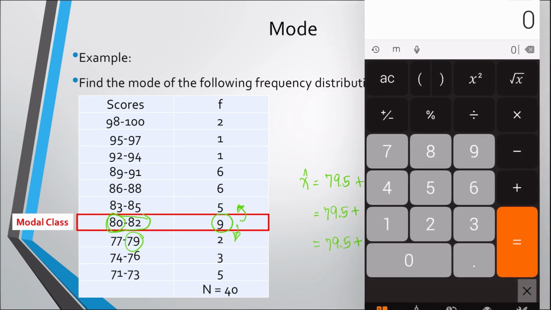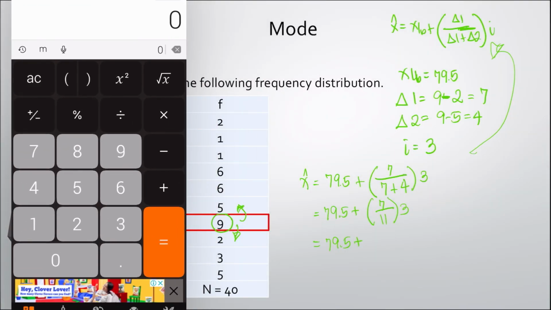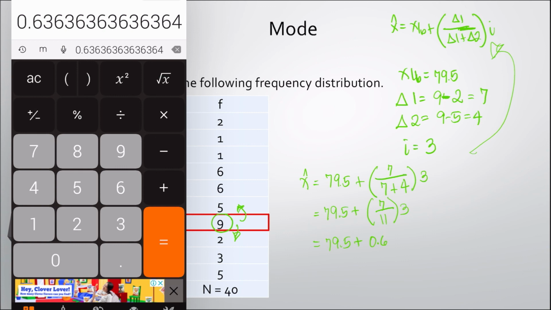Gamitin natin ang mahiwagang calculator. 7 divide 11 is equal to 0.64. Okay? I-round off na natin. And then, times 3. So, itatimes natin siya sa 3, which is 1.91. Okay?